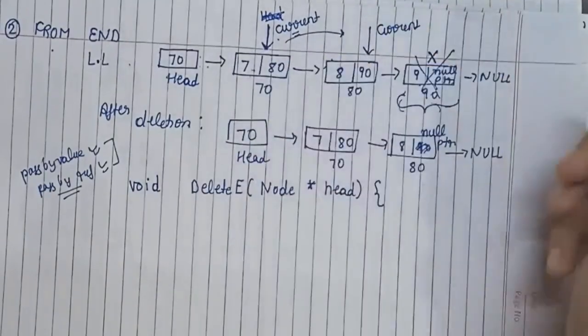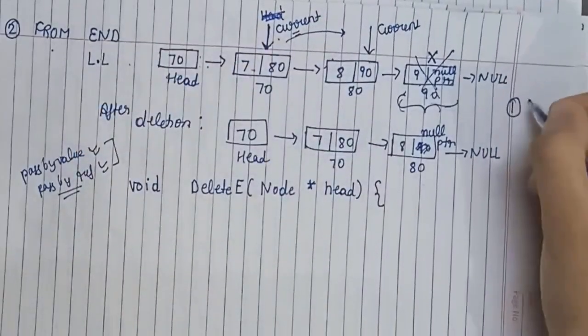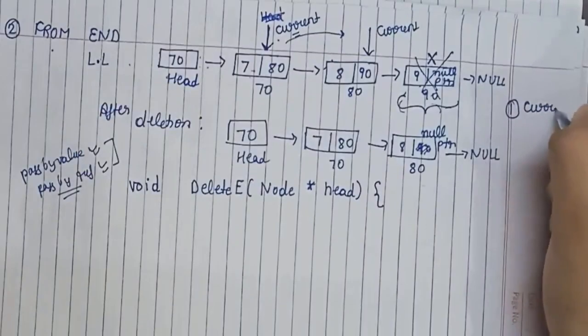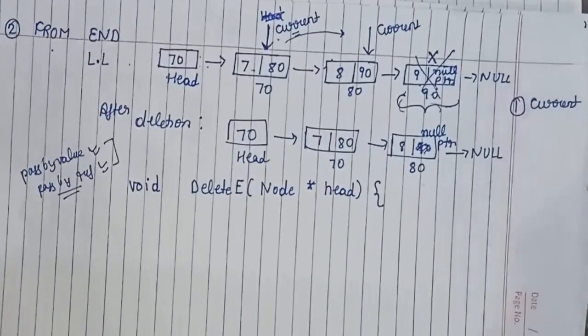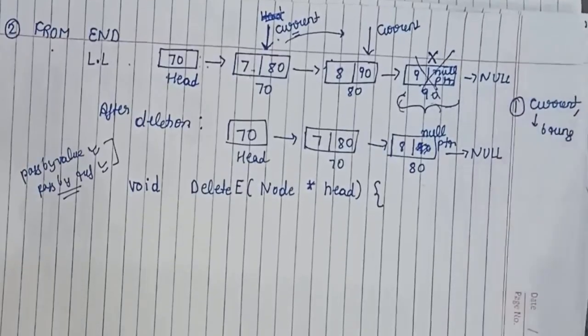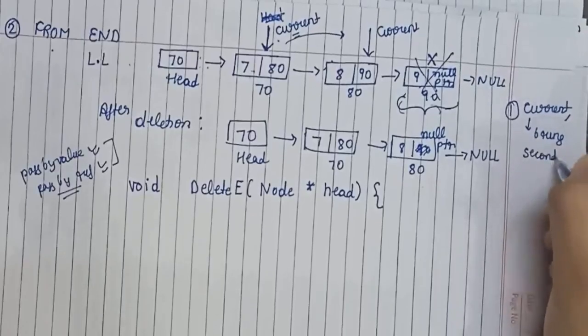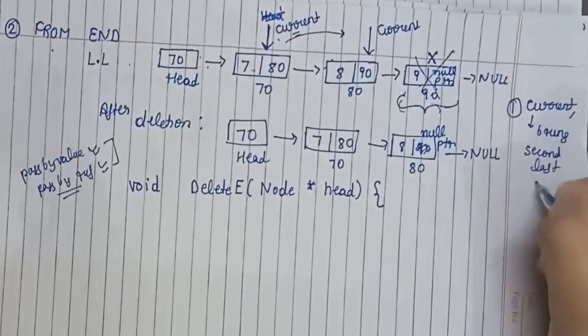So the first step to delete the node from the end in the linked list, you need to make a current pointer, a pointer whose name is current, and using the while loop you will bring this pointer to the second last node.